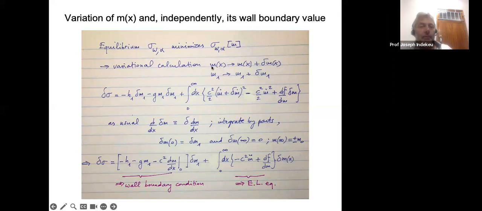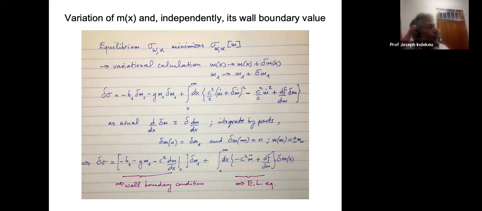And so we change m into m plus delta m, and we go to first order in delta m, and we require that that first variation be 0, and that gives us the Euler-Lagrange equations. That's how it works. But there is another ingredient here. There's not only m of x, but there's also this wall value m1, which we may consider to be an independent quantity, which could be fixed.